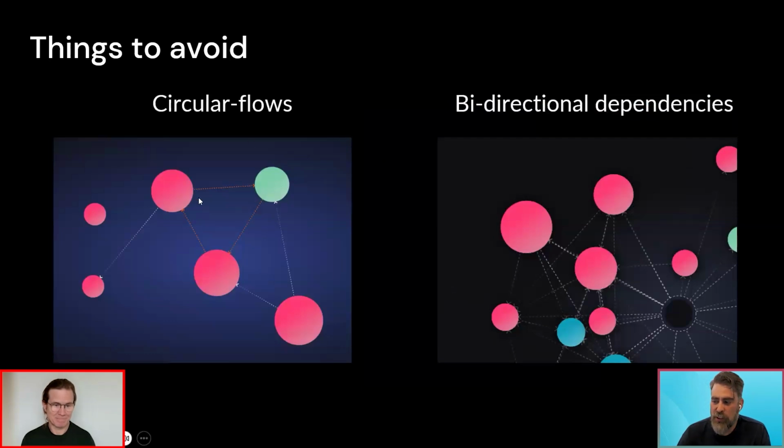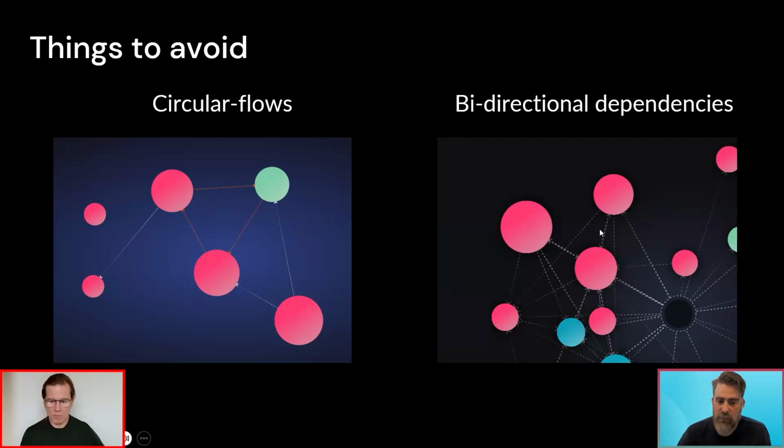Other things to avoid: circular flows between services in a distributed application. We definitely see that when a developer calls from service A to service B, he has no idea that service B calls service C and that service C calls service A. The reason he doesn't know is that he doesn't have the right tools to tell him that. Like, oh God, look, I know you called an API, but that API is not doing what we thought it was doing.